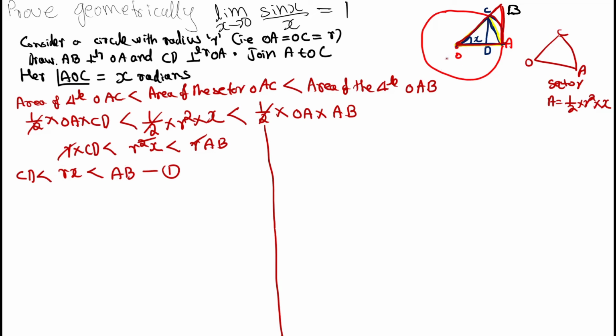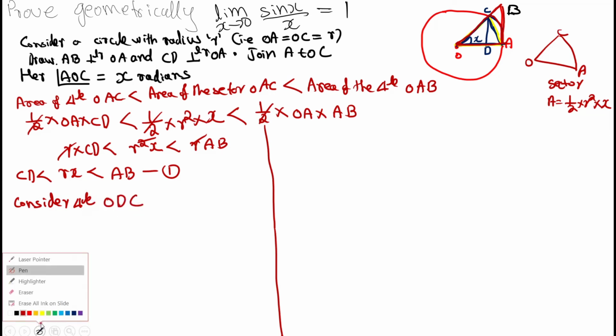Next step, we need to calculate the CD value as well as the AB value. To calculate the CD value, first consider the right angle triangle ODC. Why are we taking that right angle triangle? Because in this triangle we can find CD. In this diagram, we know only one value, that is the OC value.